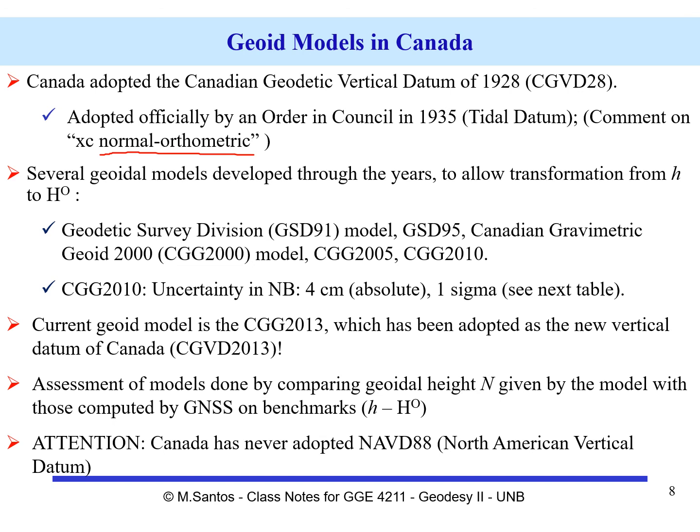In the meantime, lots of effort has been placed in developing geoidal models for Canada. We know geoidal models are important because of the transformation from GNSS heights to orthometric heights. All this effort led to the development of the Geodetic Survey Division, GSD, models.